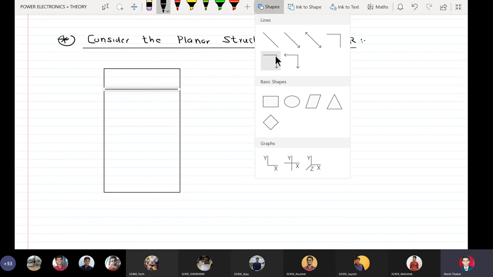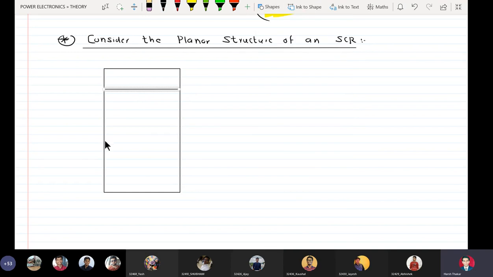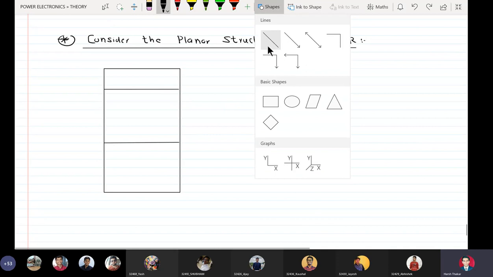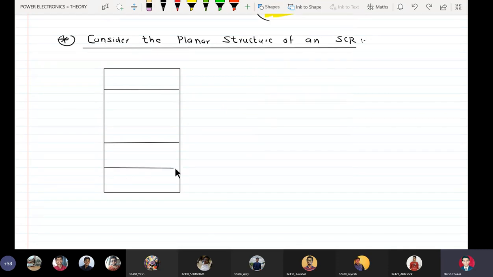P1, P2, N1, N2. Okay. P1, P2, N1, N2. Anode, cathode, gate.